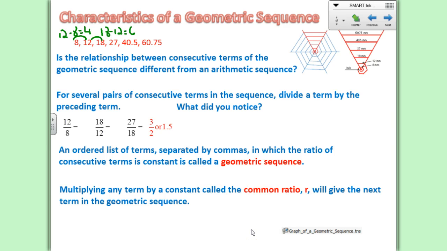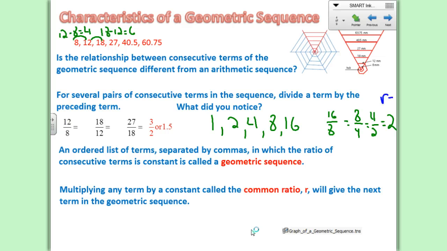And just to show you one that might be easier, a little biological one, if we think of 1 and 2 and 4 and 8 and 16, whenever we take any two consecutive terms, 16 divided by 8, or 8 divided by 4, or 4 divided by 2, in every pair of consecutive terms, we end up with a common ratio of r equals 2.